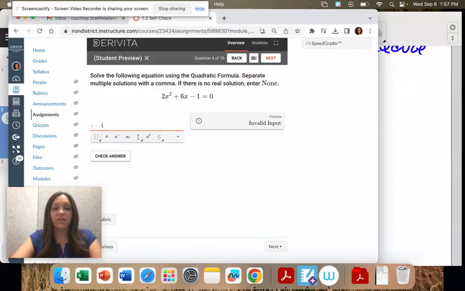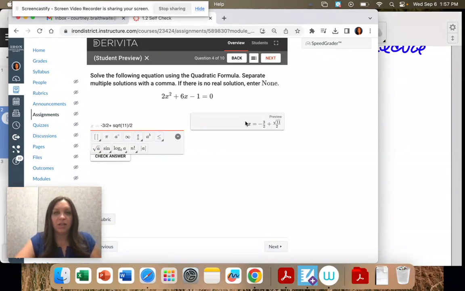So negative 3/2 plus square root of 11 divided by 2. And check and make sure that looks right, comma, and then I like to copy paste and just change that plus to a minus because they're the same thing.